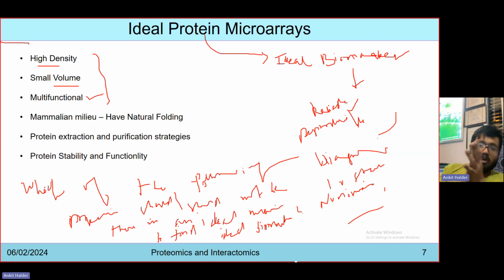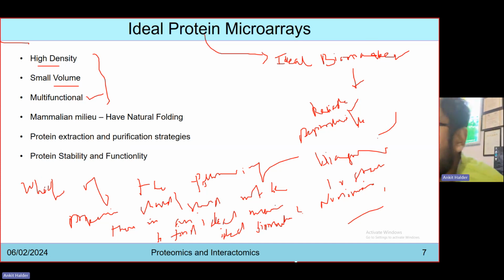So which of the following qualities should be there in an ideal protein microarray to find an ideal biomarker? Should or should not have. The question can be framed in both ways, either should have or should not have.